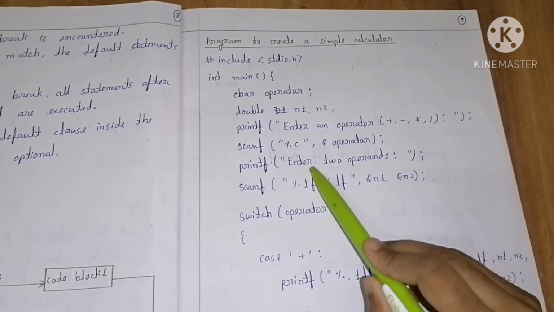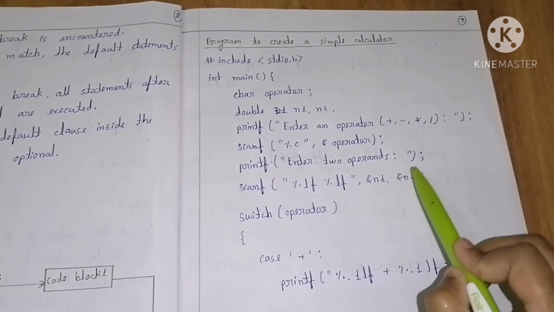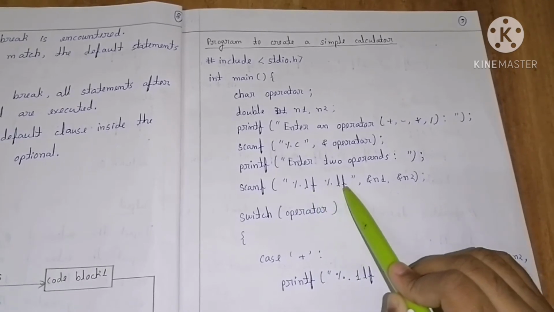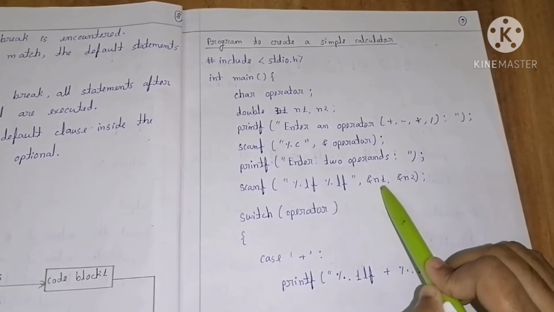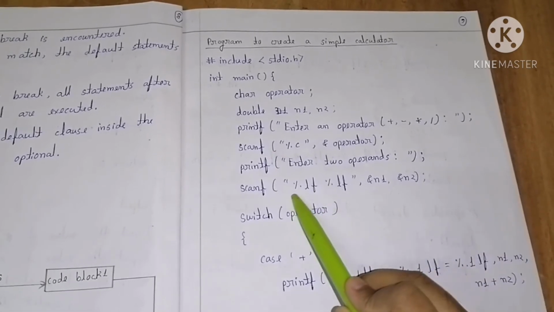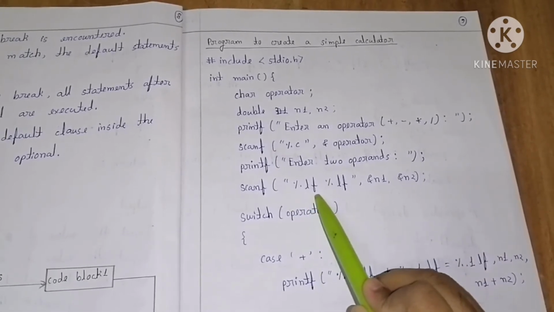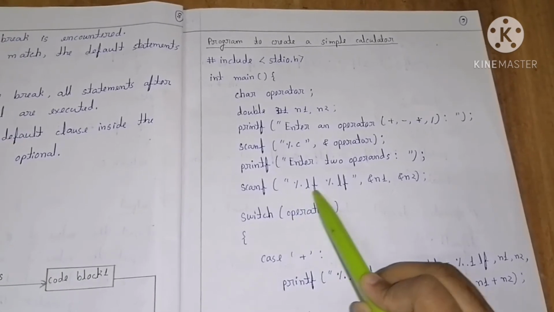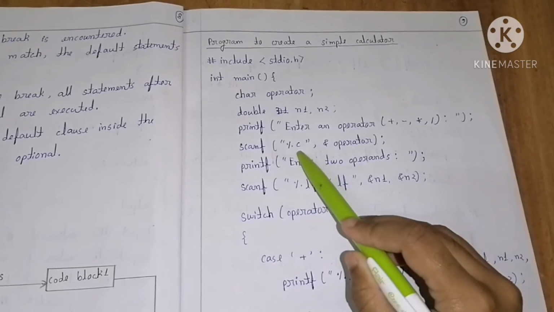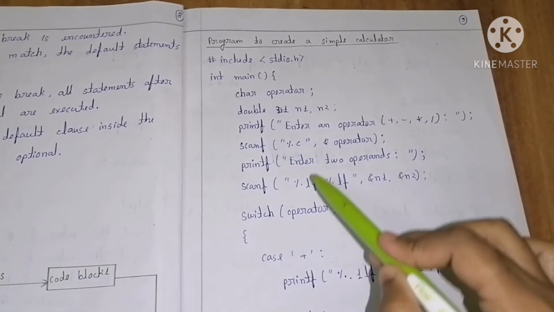Printf enter two operands, scanf percentage lf comma and n1 comma and n2 semicolon. Here why we are using percentage lf? If we want to get an output as character means we are using percentage c.